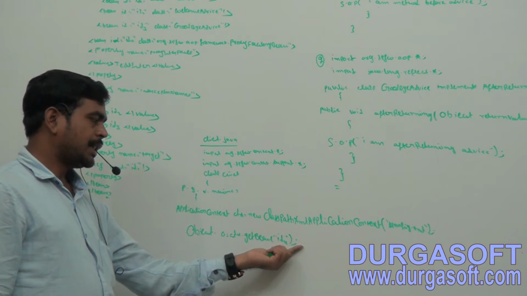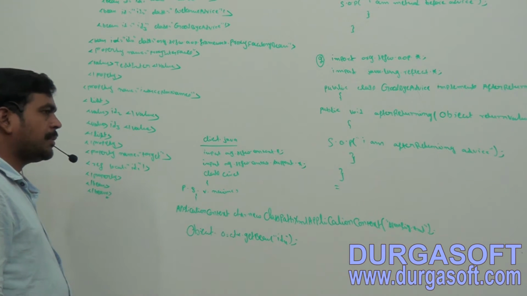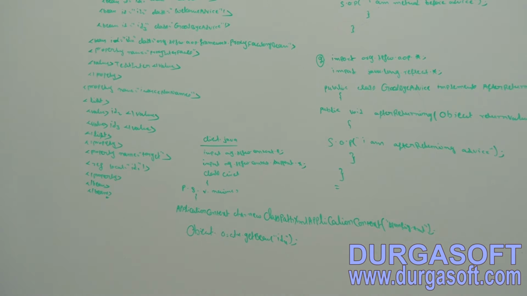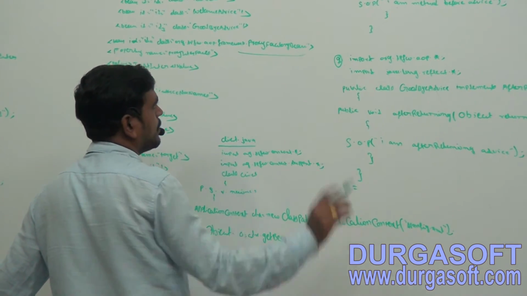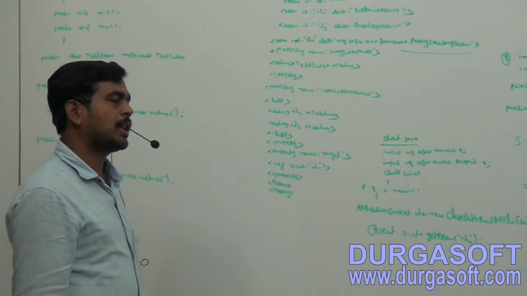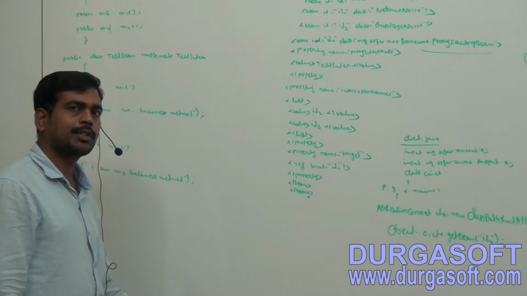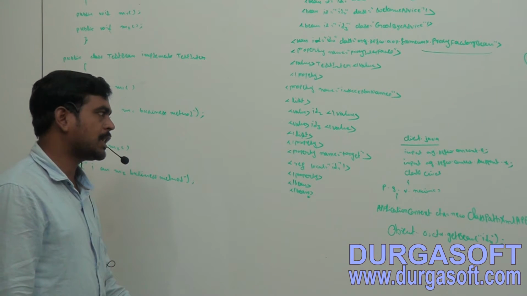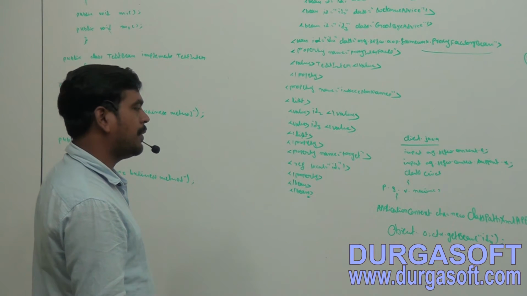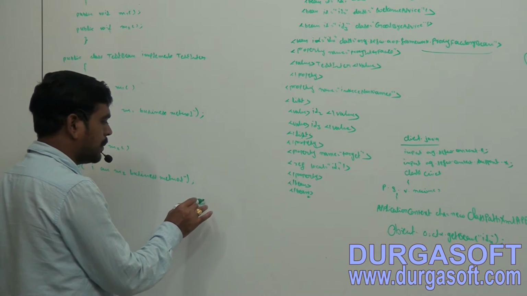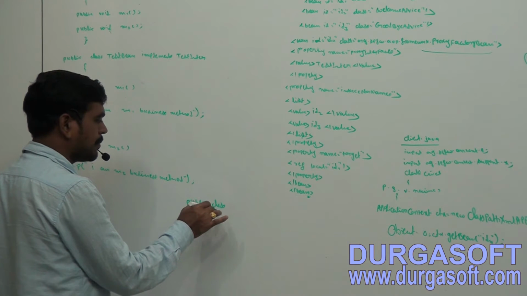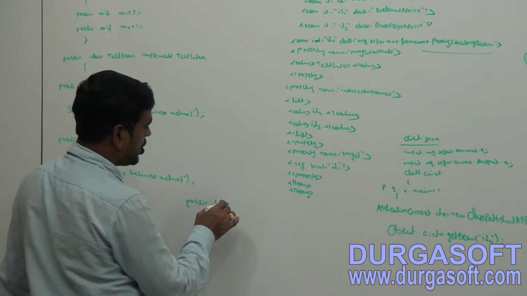Now internally the proxy factory bean class is going to generate one more class. What is that class? Proxy class is going to be generated. How is it? Like this: public class ProxyTestBean implements TestInter.